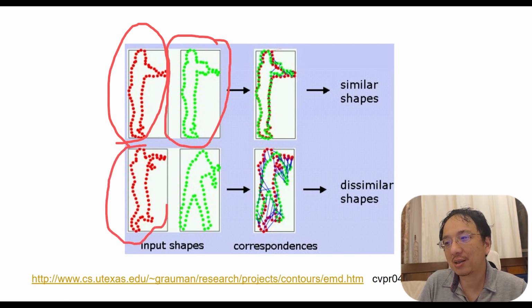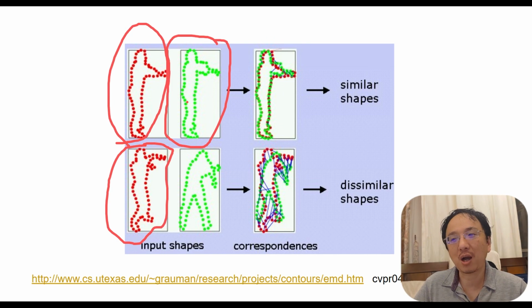Then we don't know which dot is which, but there must be a way to move this guy into this guy. So what is the minimal cost? The cost can be measured in distance. So what is the minimal total distance required to move this guy to become this guy? We can use this to evaluate the similarity between two curves.